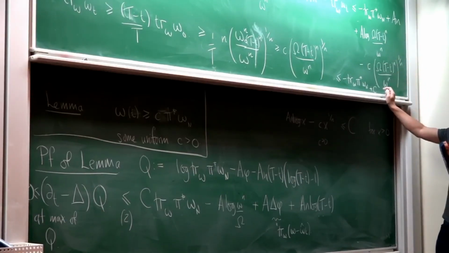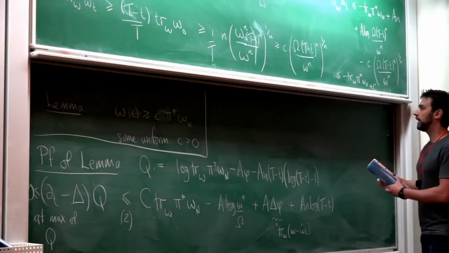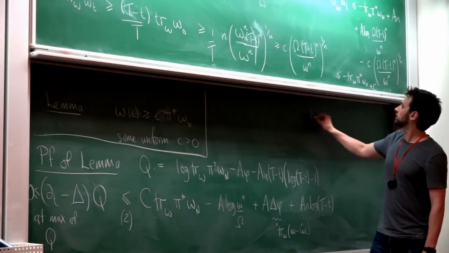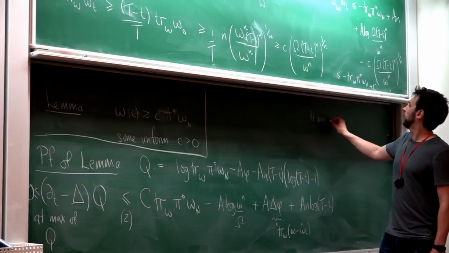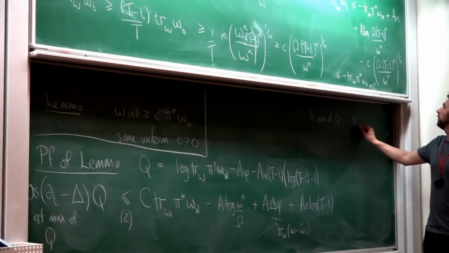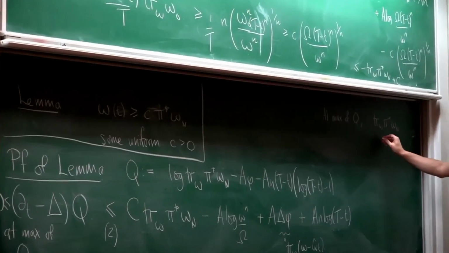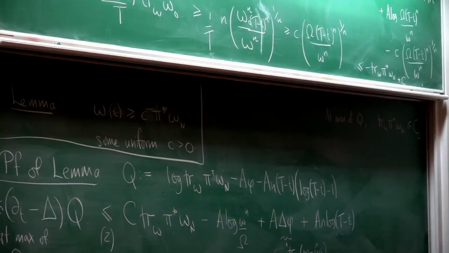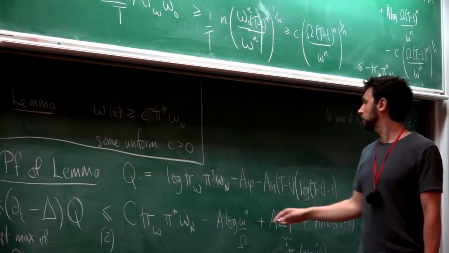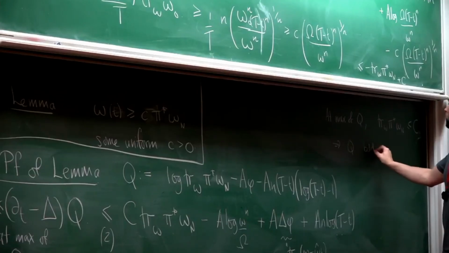But then you're done, because what you then see is that, let me get rid of this. So we see that at the maximum of q, we get that this quantity here, this trace omega pullback of omega n, is bounded from above. But that tells me that the q is bounded from above.